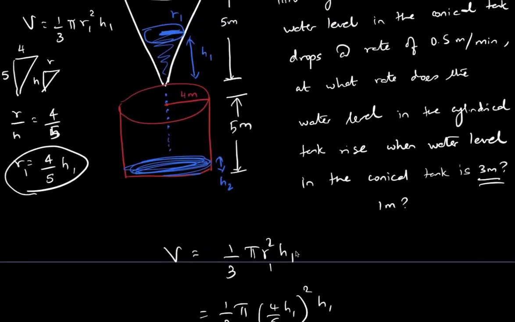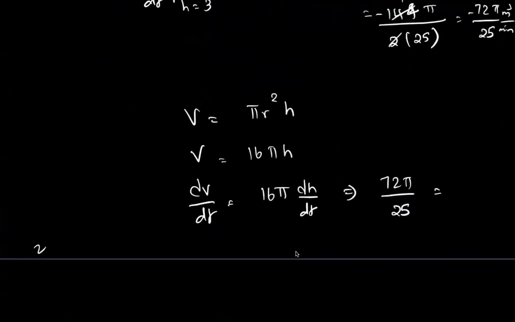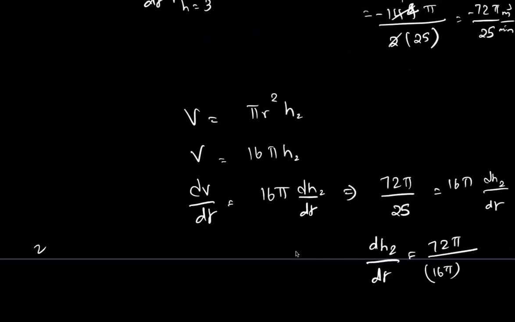Now we are asked to find the rate at which the water level is increasing here. So we're trying to find this. We have 16 pi dH2/dt, so dH2/dt, which is what we are asked to find, is 72 pi over 16 pi times 25.